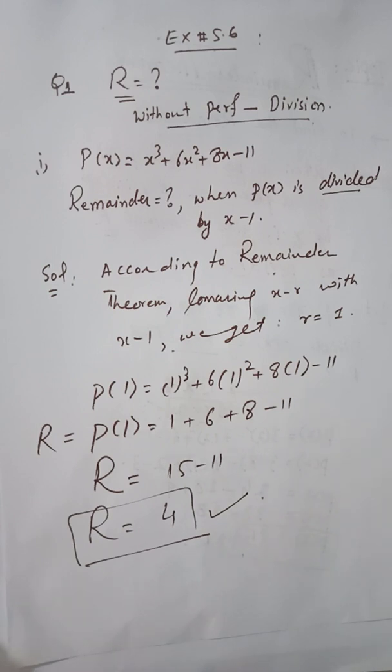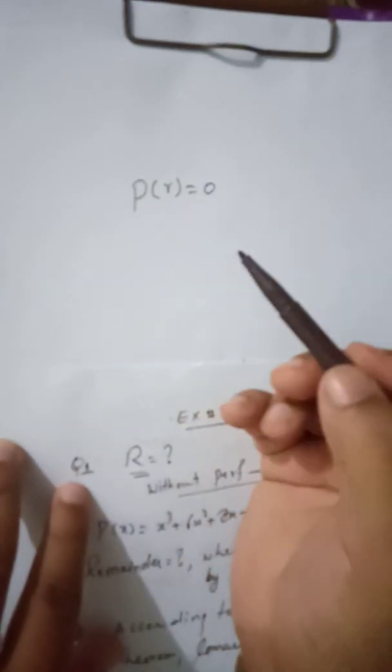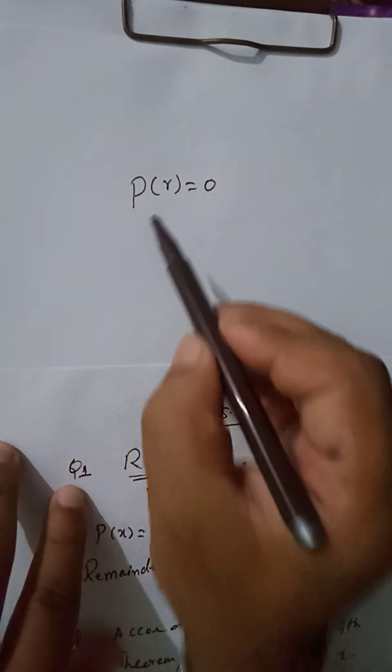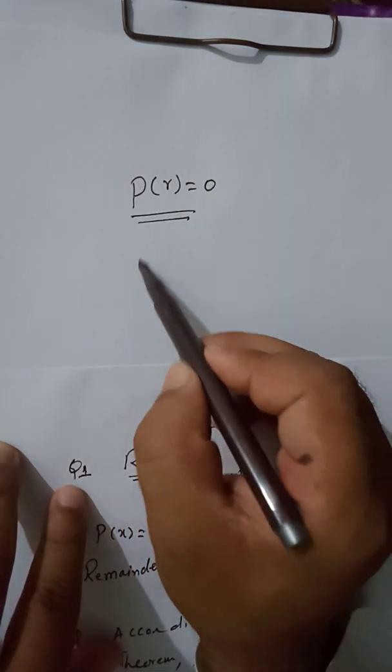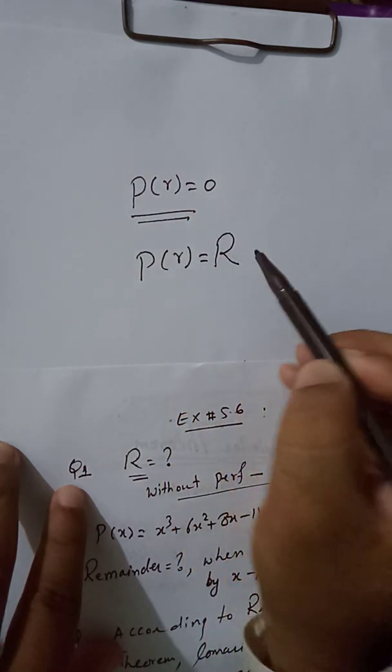So this is the remainder theorem. Okay, after the remainder theorem, when this p of r becomes 0, just for your explanation, when p of r gives you some value, that value is the remainder.